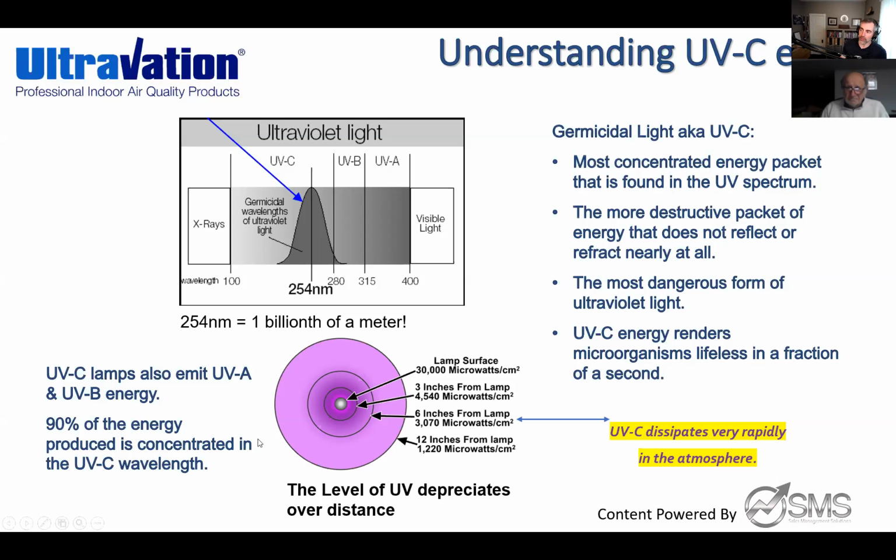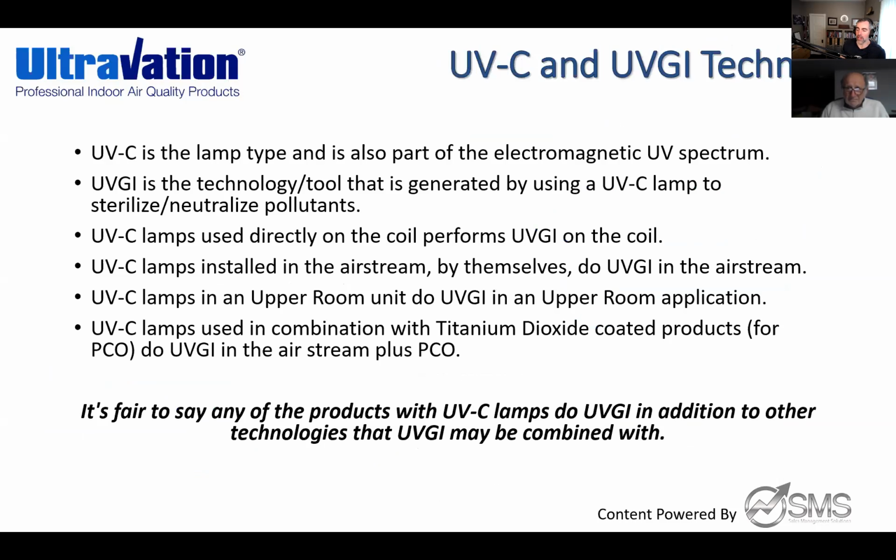A reminder: when you install these UVC class bulbs in a system, you're actually applying what's called UVGI technology, and that's the point of this slide. A UVC lamp is part of the UV spectrum, but I'm applying UVGI technology when I take that UVC lamp and install it in an HVAC application.